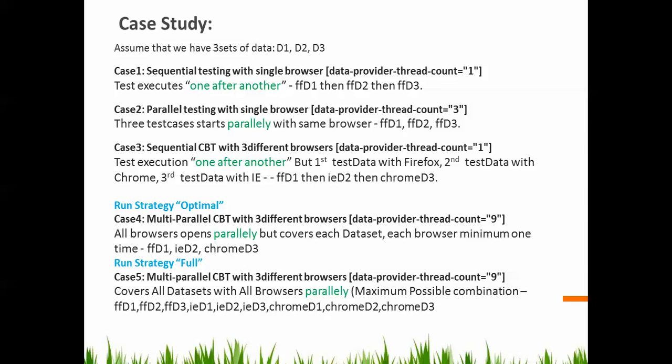And as we already saw, when we are executing multi-parallel cross-browser testing with 3 sets of data and with 3 browsers, 9 test cases execute in parallel. At that time the system has gone very slow. To avoid these kinds of things, we used to integrate our code.